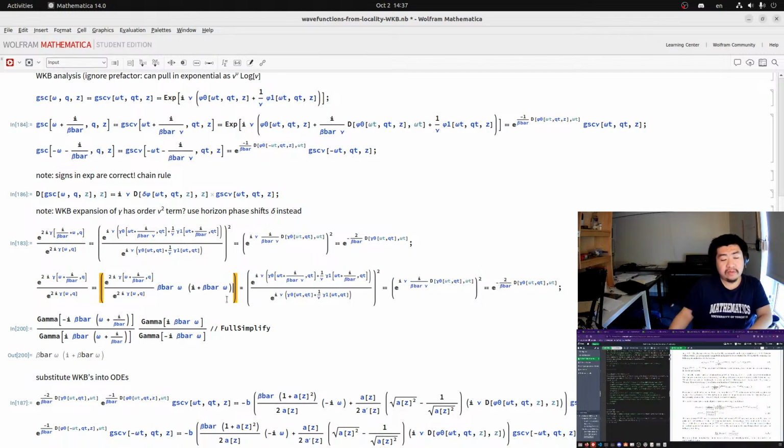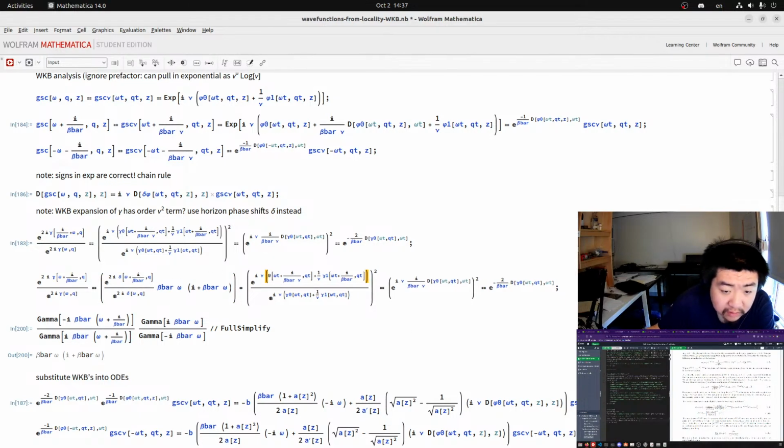So this thing will be like, well, this is a delta now, and this is a delta now. And the idea is to just replace these with deltas. Whoops, delta.